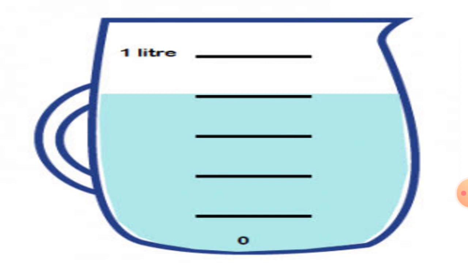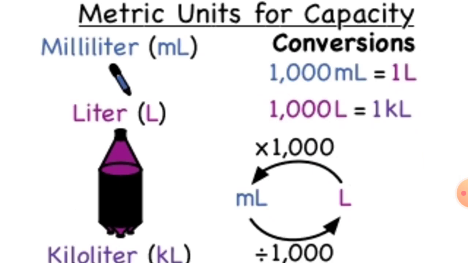Of course, I know. Now, back to metric units for capacity. We are going to be looking at conversions. How do we convert from milliliters to liters and from liters to milliliters? Just before we do that, let's take a look at our left-hand side. We have the milliliter, which is ml, giving rise to what?